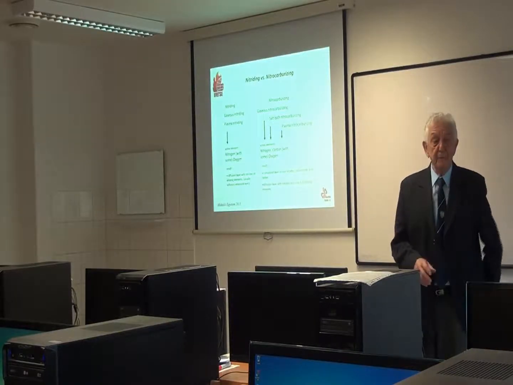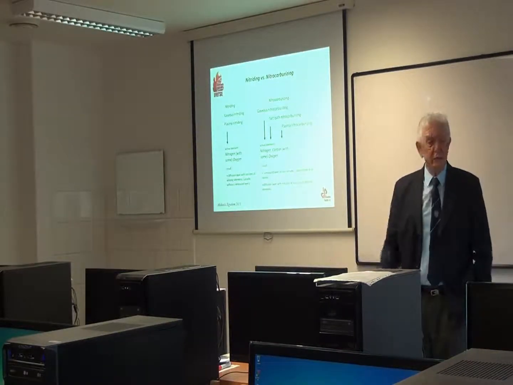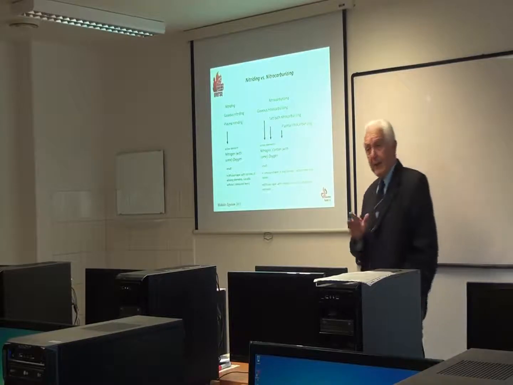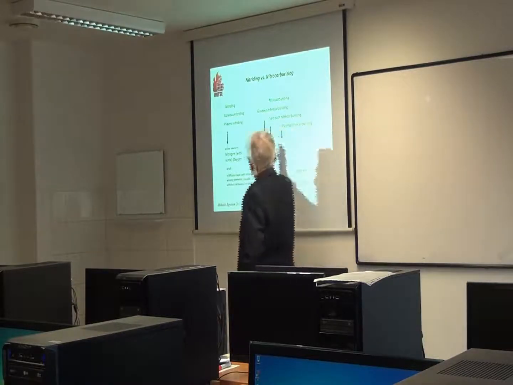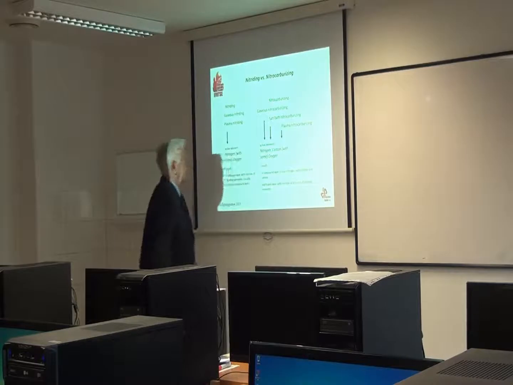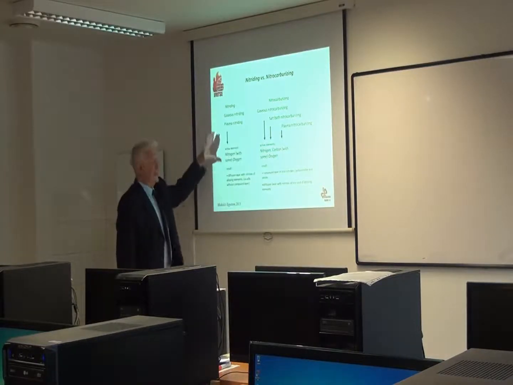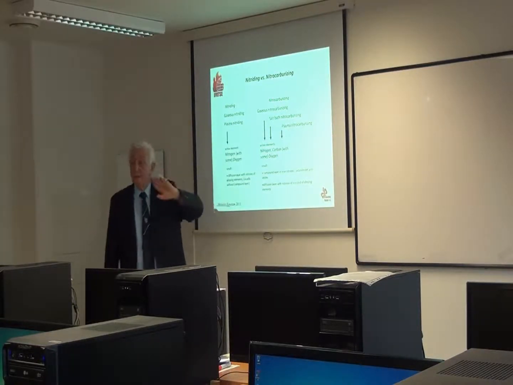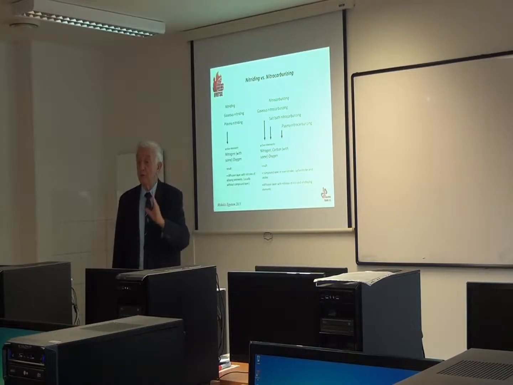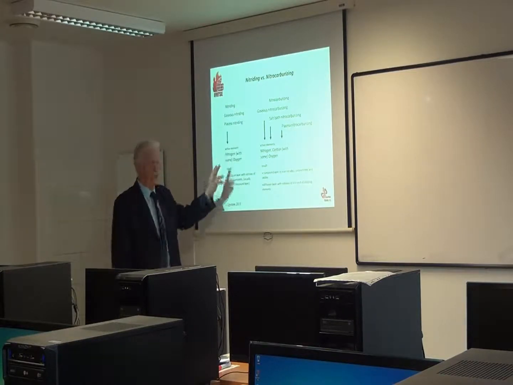And now I said that nitriding is a wide range of procedures. But basically, we can split them in two categories. There is nitriding, which means that we only actively use the influence of nitrogen.